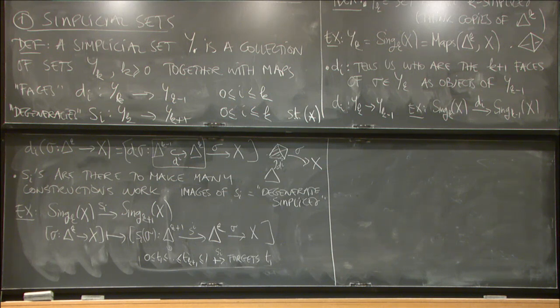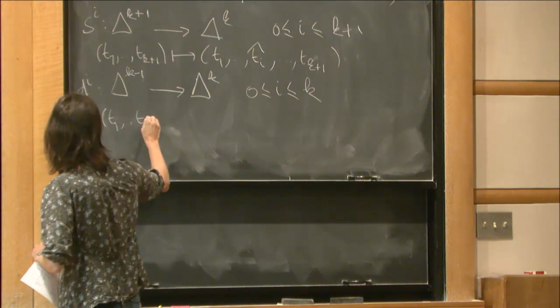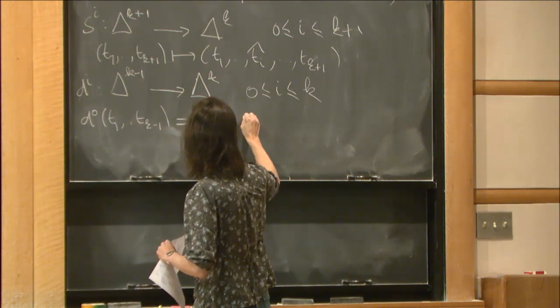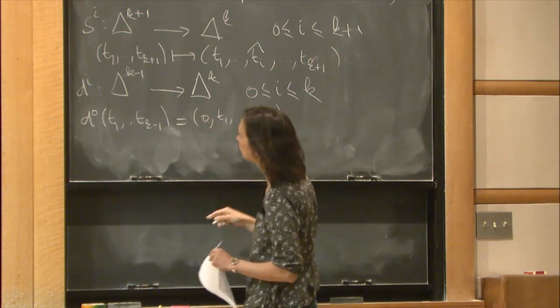If you have done the exercises yesterday, you will already know what they are. d_0 of (t_1, ..., t_{k-1}) is (0, t_1, ..., t_{k-1}), so I add 0 in front.